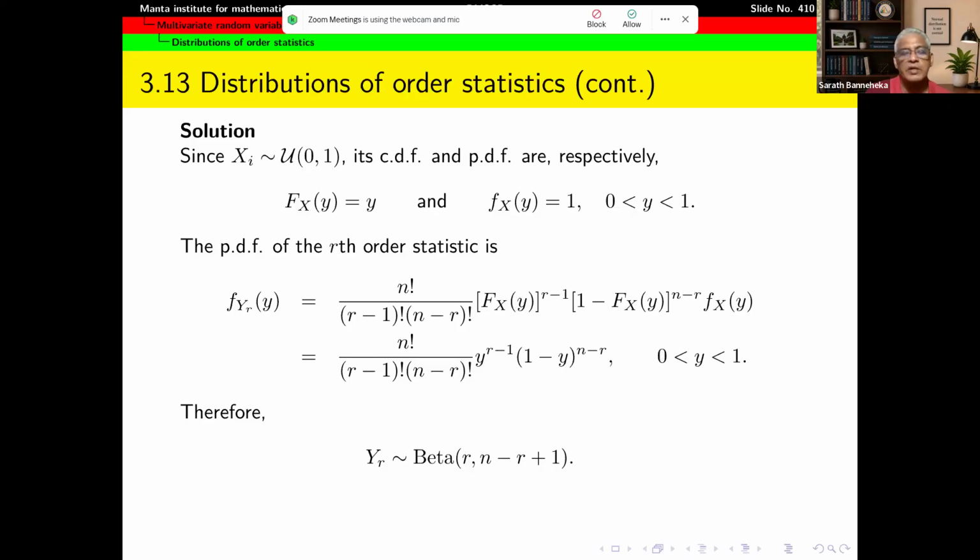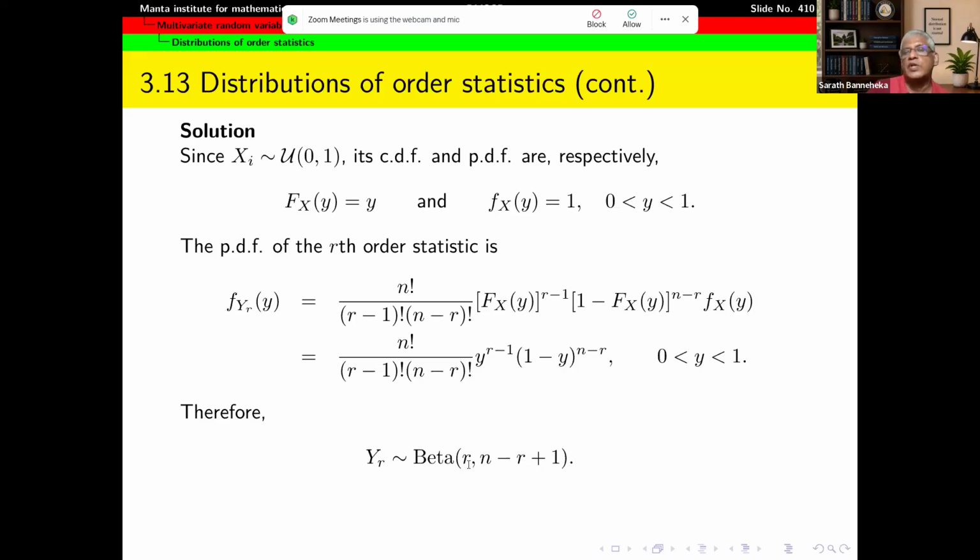All of them are generally beta distributions because the beta distribution is a family that has a large number of shapes. The exponential distribution is also a kind of member, right? The distribution that we got for X1 was exponential. That is a particular member of this family. We get that one when r is equal to 1.